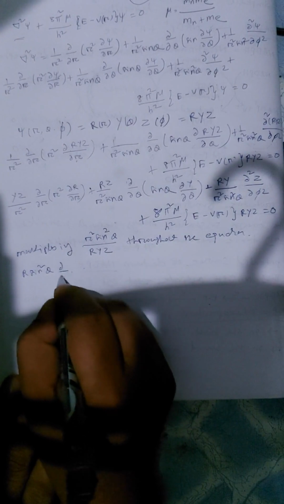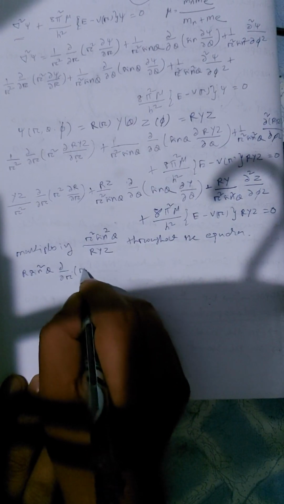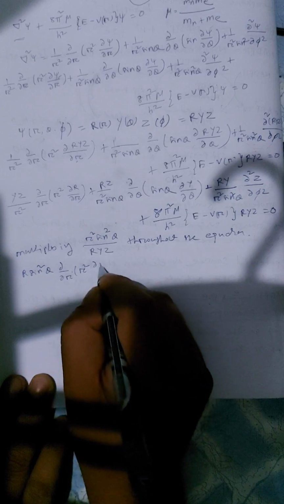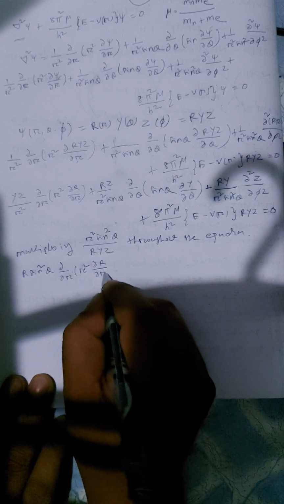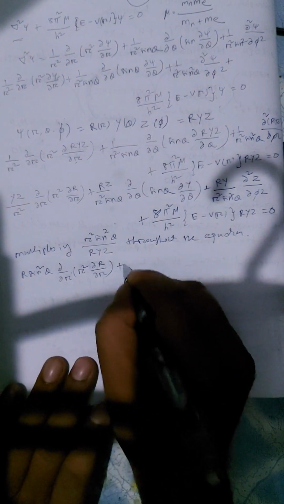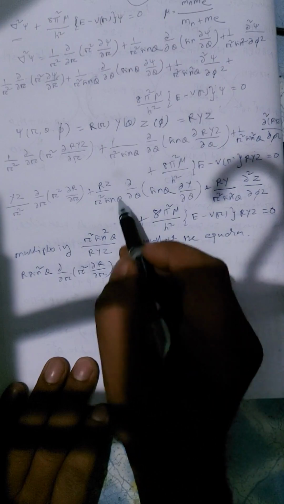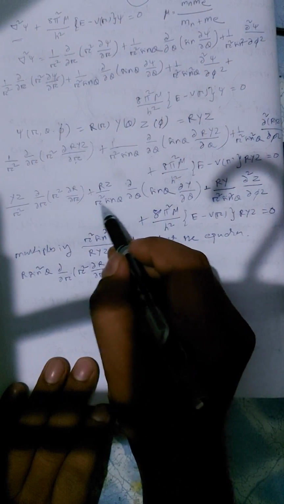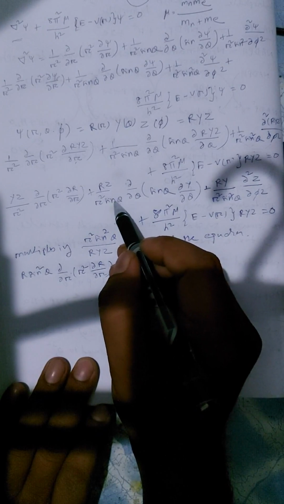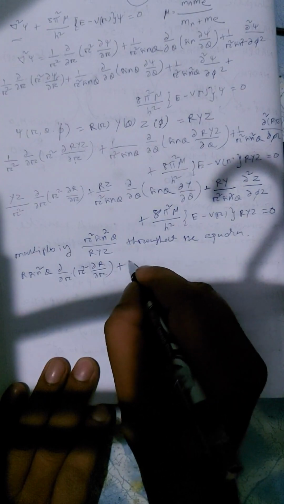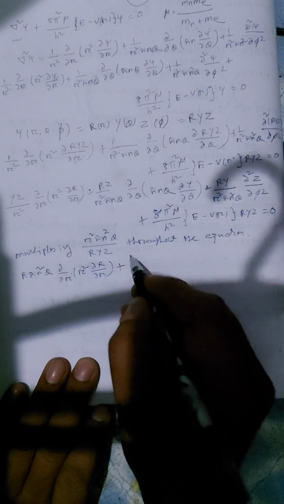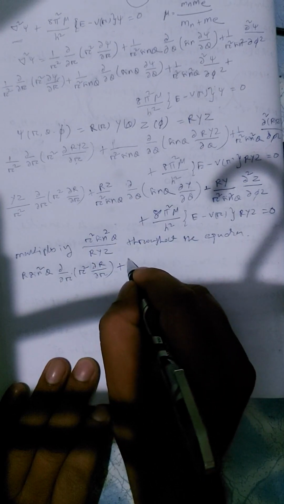Then ∂/∂r of r square ∂R/∂r plus, here, r square sin square theta multiplied; r square cancels, in sin square theta one sin theta cancels, another is remaining. R and Z cancel, Y is remaining.